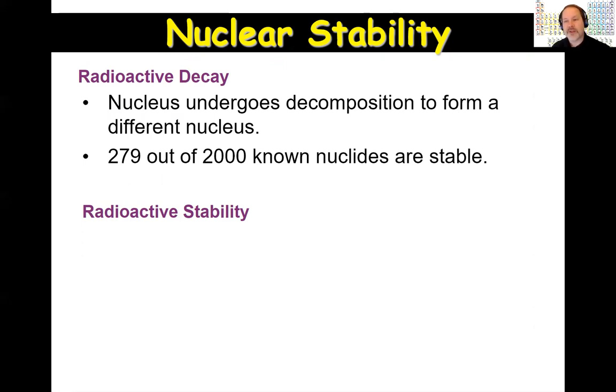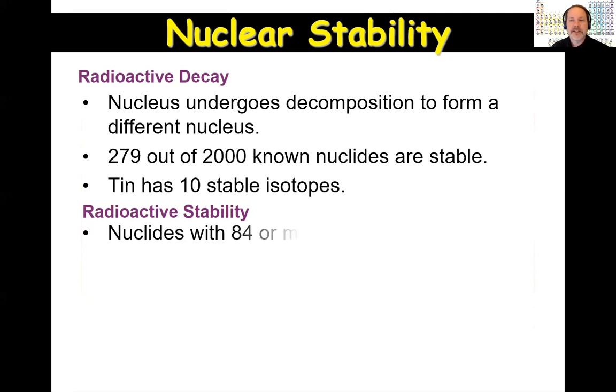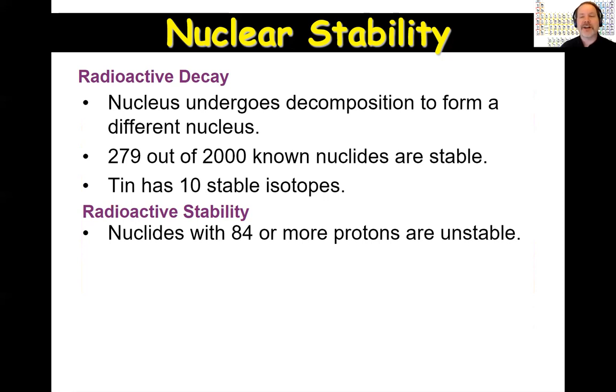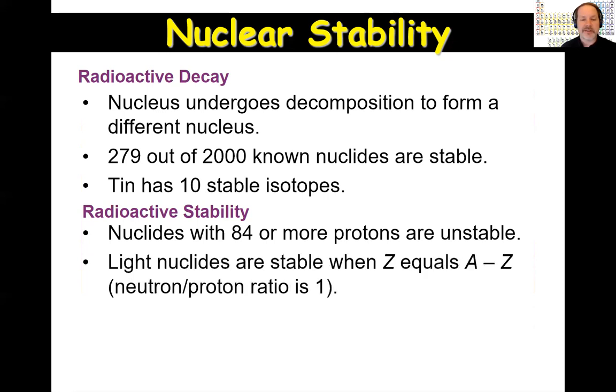That means there are more that are unstable than stable. There are more that are radioactive than are not radioactive. Some elements are very stable, including all of their isotopes, like tin, which has 10. As I've already mentioned, by looking at that periodic table, nuclides with 84 or more protons are unstable, starting at polonium, an element that Marie Curie discovered.